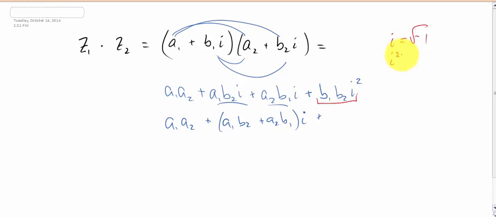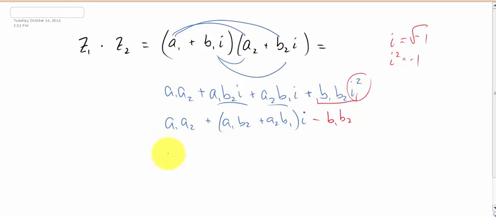So, guys, what's i squared? I hope you're saying i squared is going to be -1. Okay, so forget this plus business here. What we're really doing is we are subtracting b1 b2. Anytime you see an i squared in your algebra with complex numbers, you need to replace it with -1.